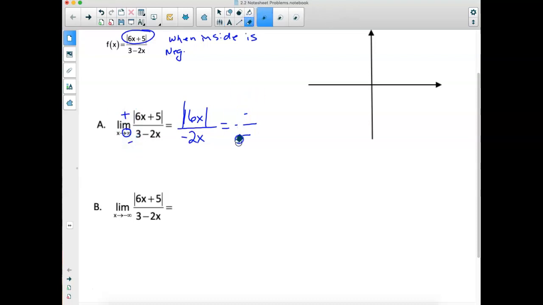Now, when I'm coming back to this, I had to do that analysis with the numbers to see what sign I'm going to have. And now I'm going to reduce it. I'm going to reduce that x, and I'm going to reduce that x. So realistically, I have 6 over -2.